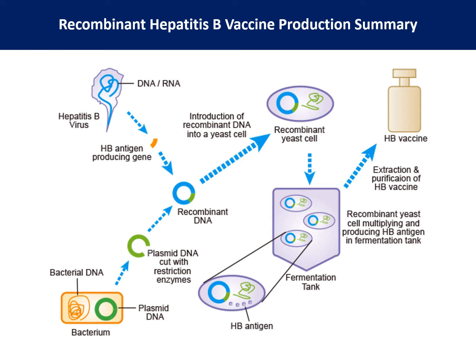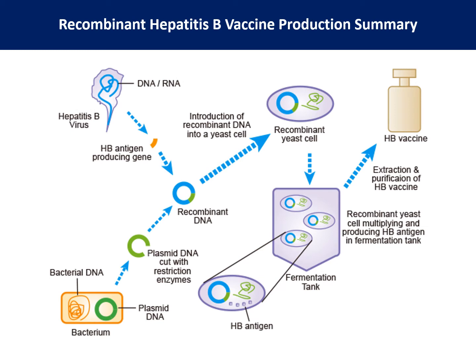And this recombinant DNA containing the target gene is introduced into a yeast cell, forming the recombinant yeast cell. The recombinant yeast cell multiplies in the fermentation tank and produces the Hep B antigen, which is the protein that can induce the immune response as the vaccine antigen.